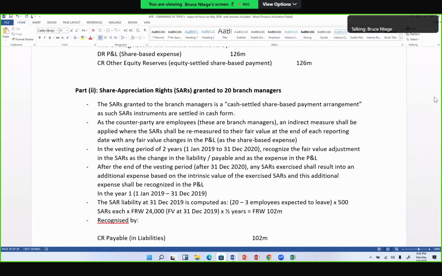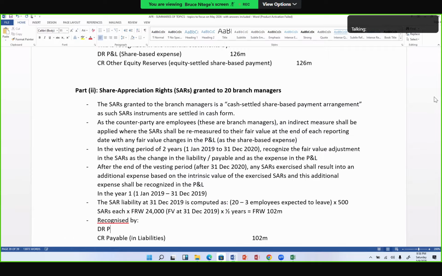The debit is the share-based payment expense in the P&L, either in administration costs, operating expenses or other expenses, but 102 million is what I'm putting there. So that's my year one. Then I move to year two.